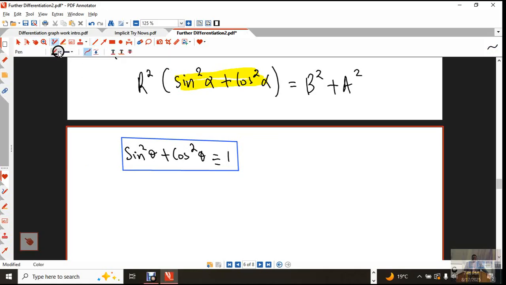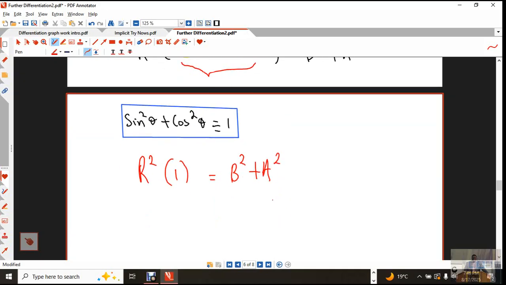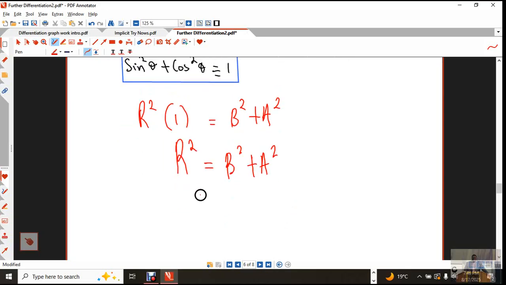Because of that, this is going to be r squared times 1, which equals b squared plus a squared. So r squared equals b squared plus a squared. I'm just going to rewrite it under the square root: r is equal to the square root of a squared plus b squared. And this is how you will be finding the value of r.